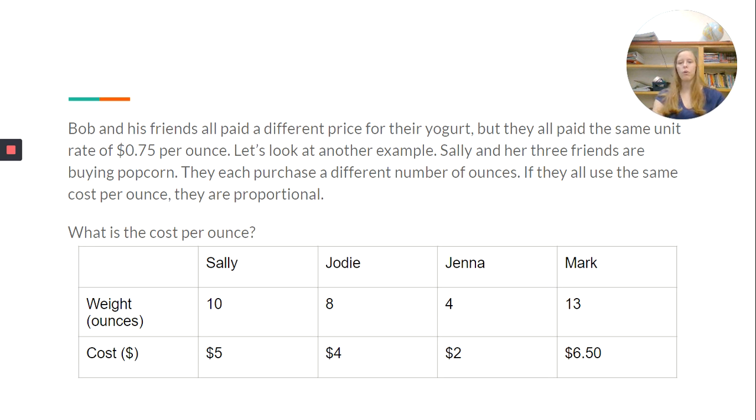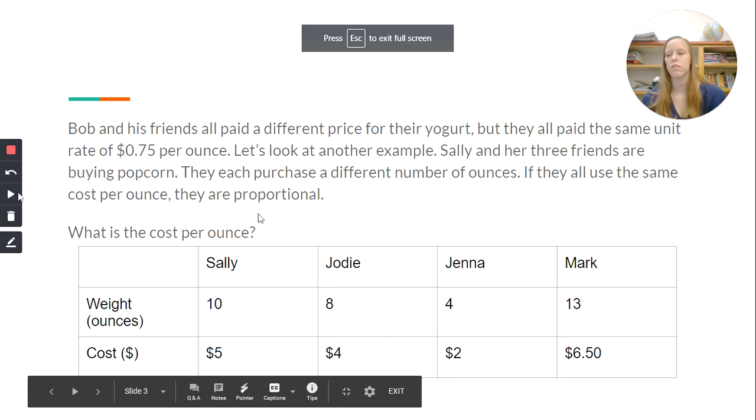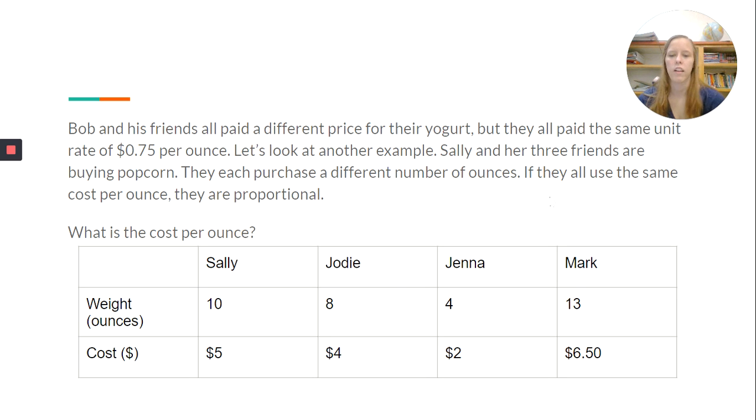Okay, so we can take Sally's 10 ounces and $5. So we can take that $5 and divide it by 10 because the cost is $5. We want to know how much each ounce costs.